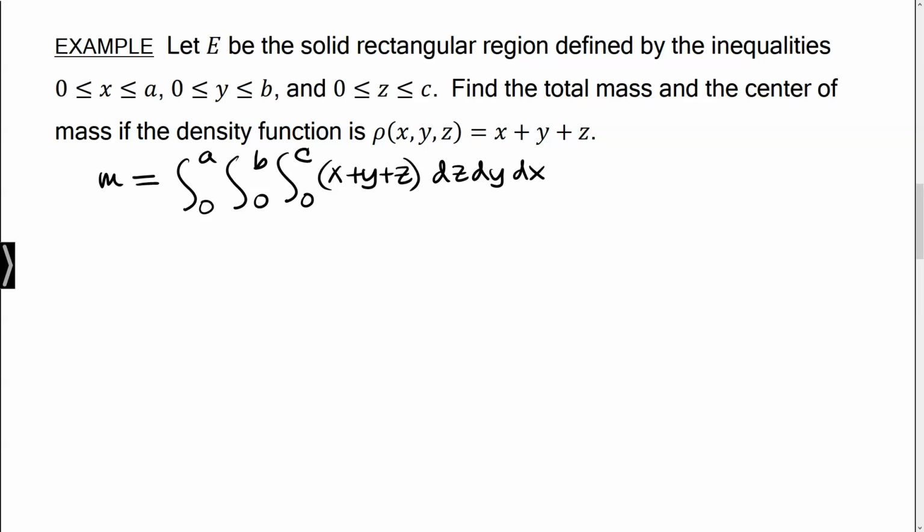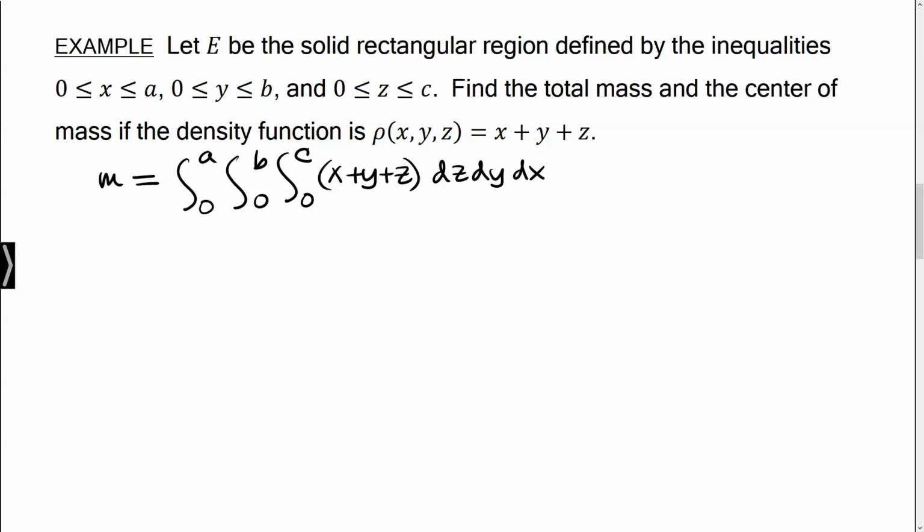If you have a function of x times a function of y times a function of z, and it's over a rectangular region, so x goes from a number to a number, y from a number to a number, z from a number to a number, you can split that up as the product of three different single variable integrals. Now we can't do that here directly because it's x plus y plus z, but term by term it is.